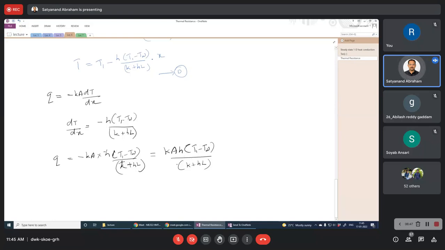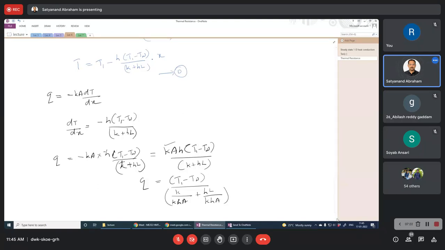Now we are going to rearrange this one. What we are going to do is take this Kh and divide it with the denominator terms. If you do that, what you get is Q is equal to (T1 minus T infinity) divided by [K divided by K into h into A plus h into L divided by K into h into A].